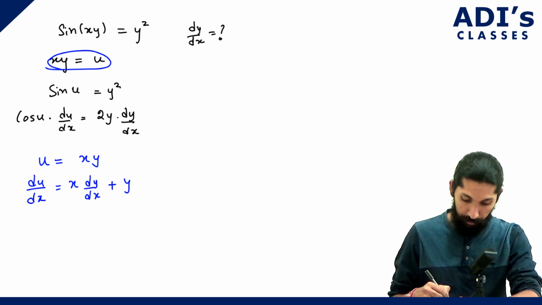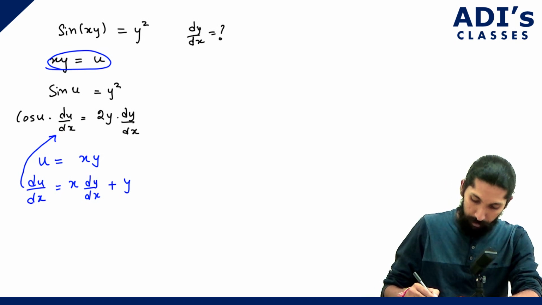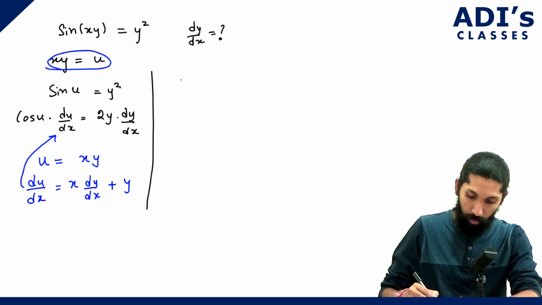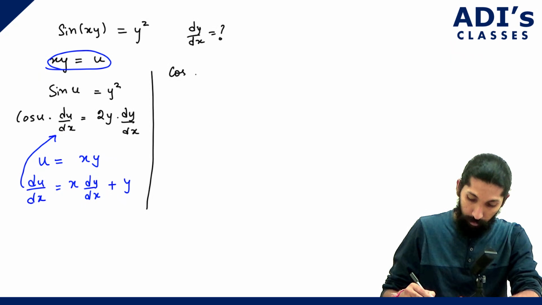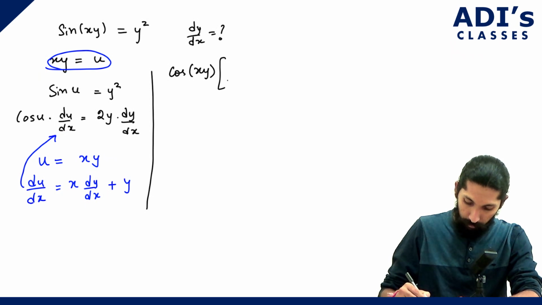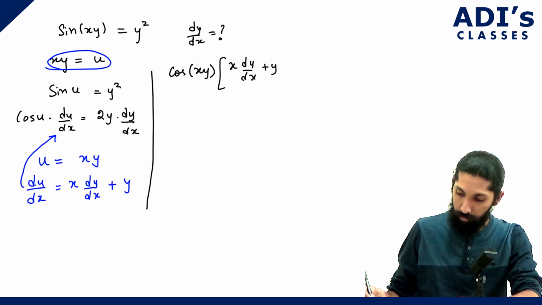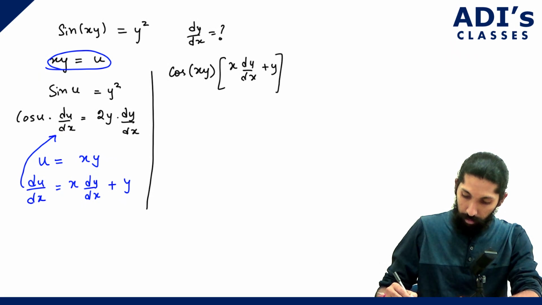So we are going to substitute this du by dx here. Substitution part. See, if you are going to substitute, so you get cos u. What is your xy? Cos xy into x into dy by dx plus y, equals 2y into dy by dx.